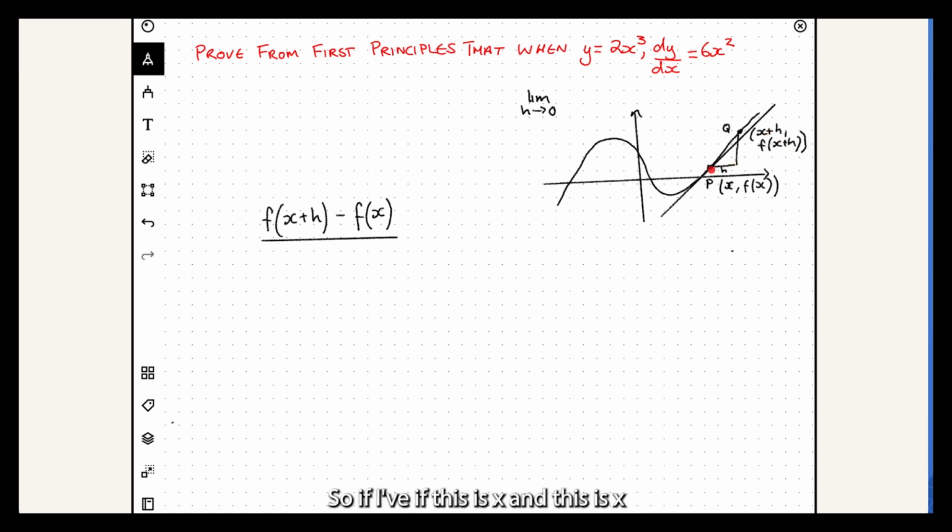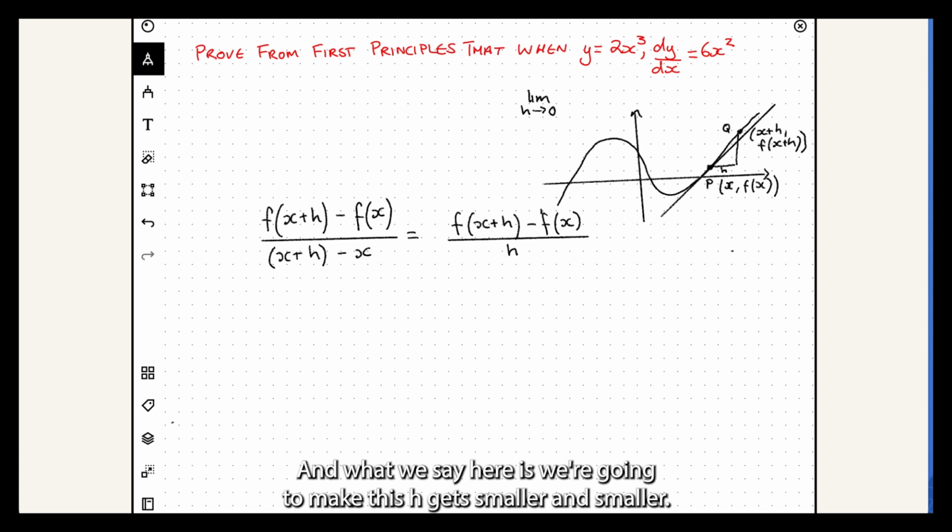So if this is X and this is X plus H, then my difference here is H. So X plus H minus X, you could say, which is the same as f of X plus H minus f of X divided by X minus X is 0, so divided by H.